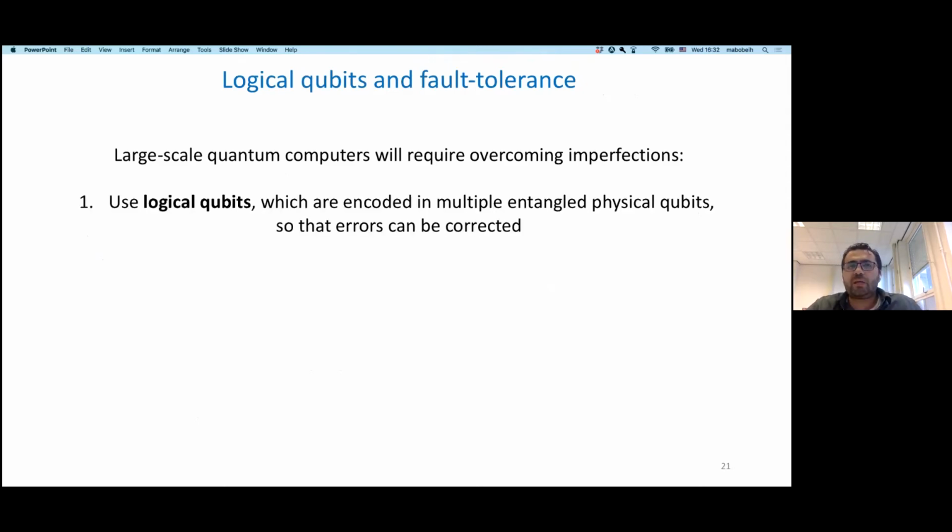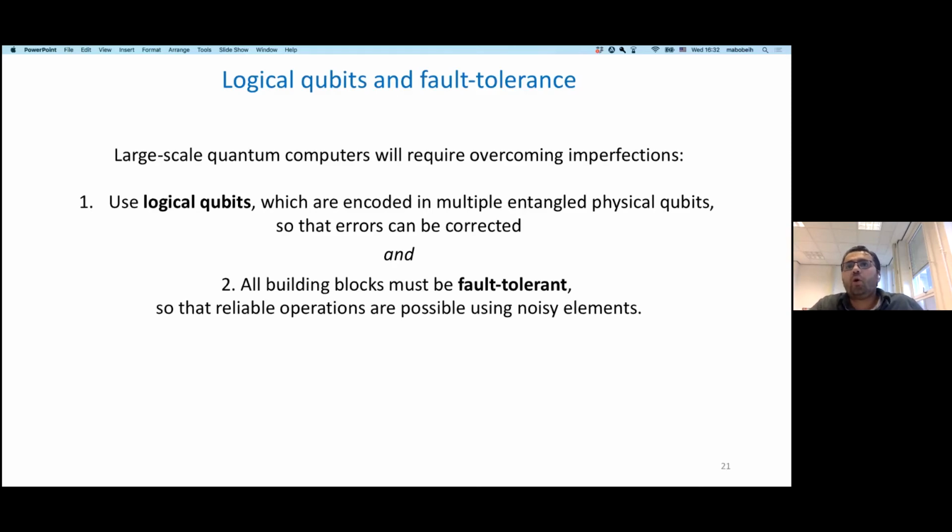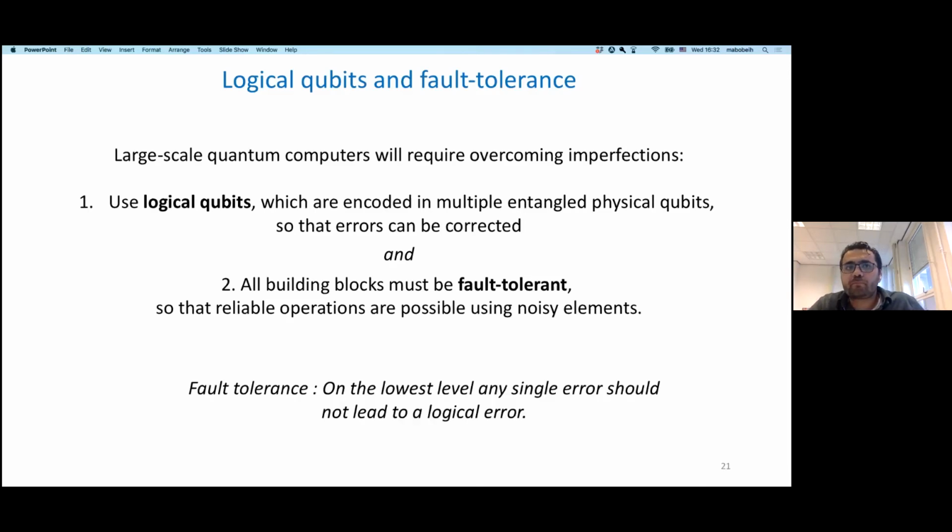The main idea there is to use so-called logical qubits, which are encoded in multiple entangled physical qubits, so that errors can be corrected. And second, all building blocks must be fault-tolerant, so that reliable operations are possible despite having noisy elements. I should mention that by fault tolerance, we mean on the lowest level that any single error should not lead to a logical error.